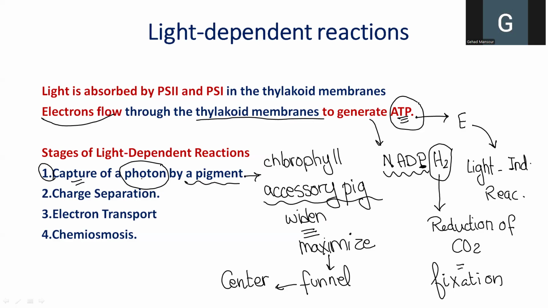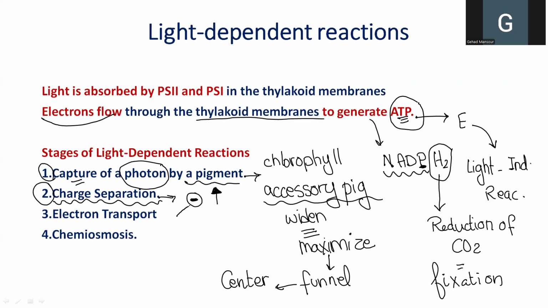After a photon has been captured by the pigment, the pigment molecule will be excited, and this will result in charge separation. Actually, the charge that is separated from the center of the chlorophyll molecule is an electron, and the electron will jump to a higher energy level.